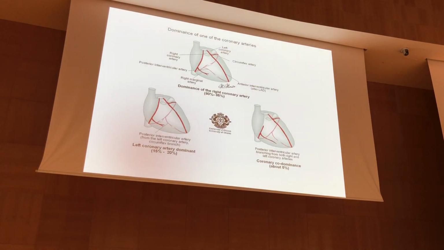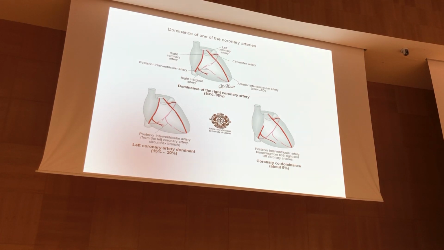Now, this is important. It's called the coronary artery dominance. So 80 to 85% of you, we have the typical picture, which is basically, right coronary artery goes around the heart, and it's going to give us PIA. And this is the left, LAD with circumflex.